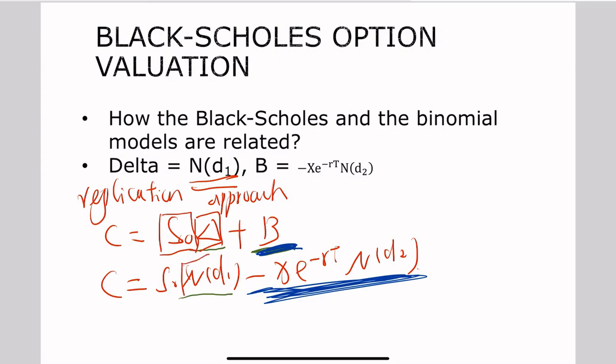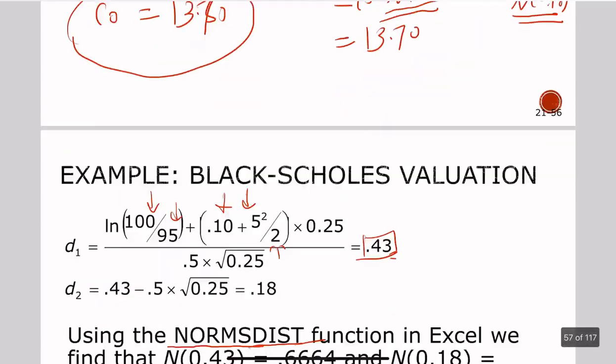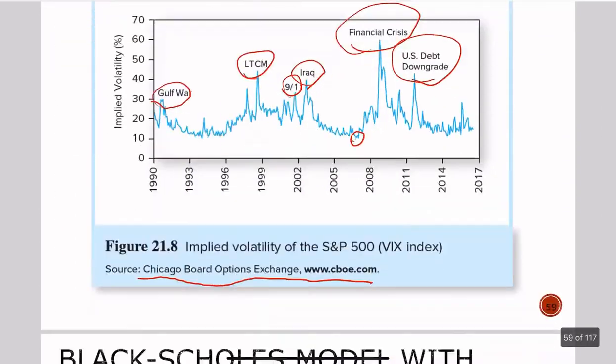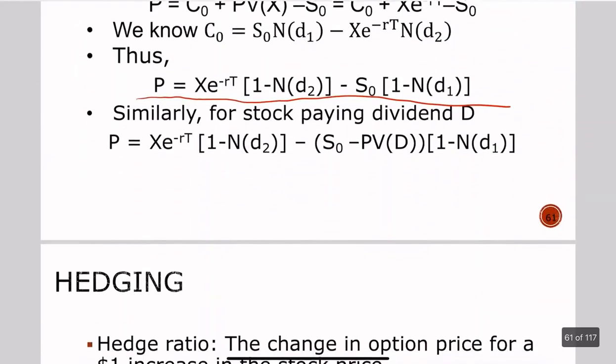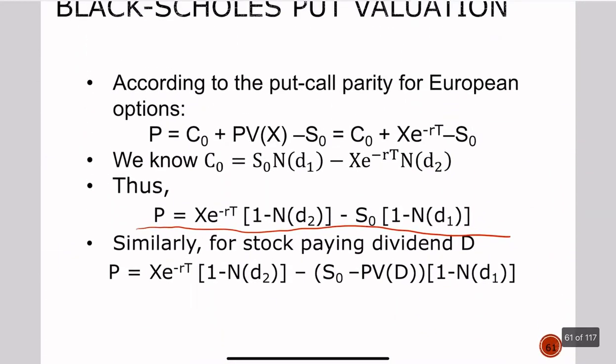Again, delta is the number after the stock price. So in the put option case, it's still the same. What is the number after the stock price? It's 1 minus N(d1). Well, you should not forget this minus sign, right?